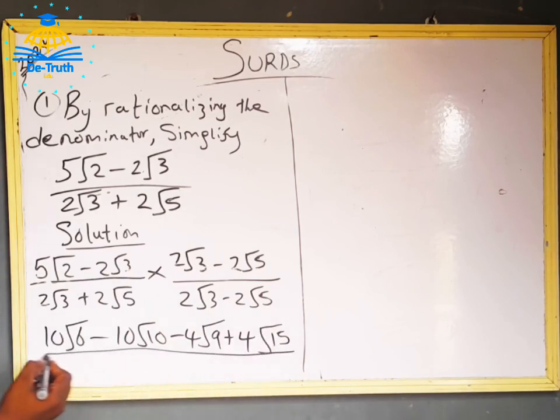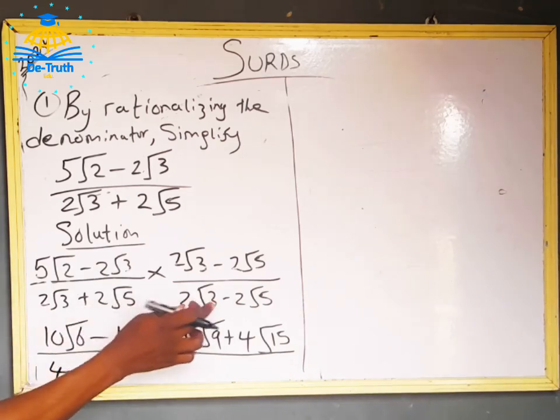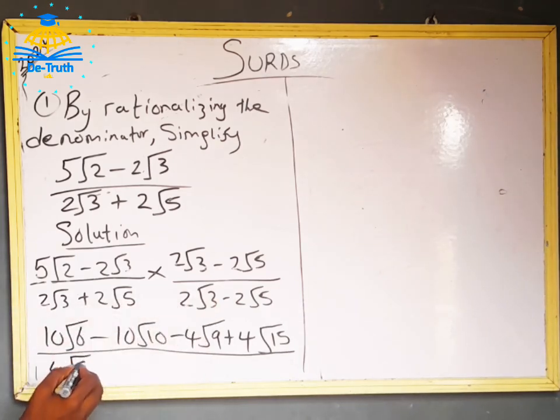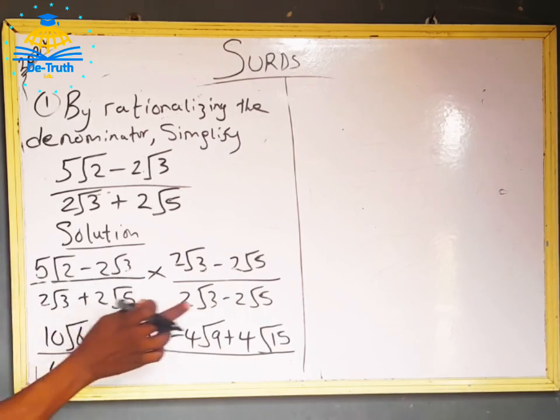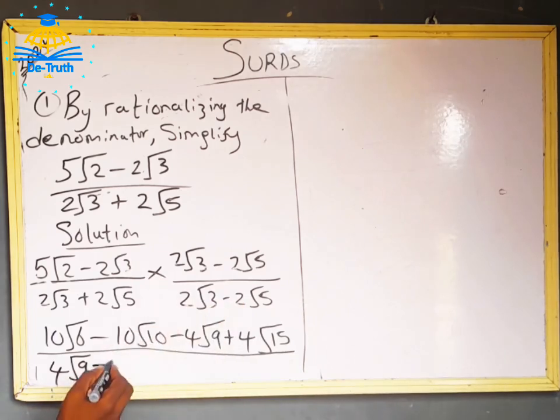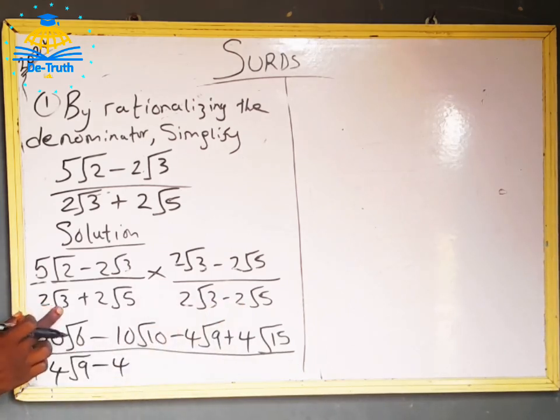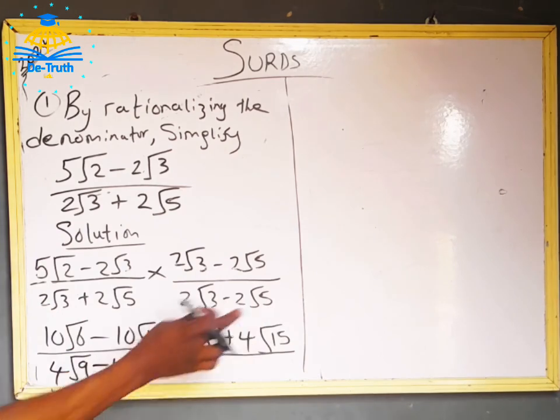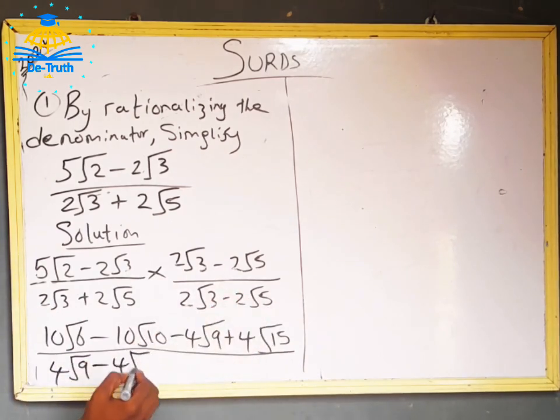All divided by 2 root 3 times 2 root 3, that's 2 times 2, 4, then root 3 times root 3, that is root 9. Then 2 root 3 times minus 2 root 5, 2 times minus 2 is minus 4, then root 3 times root 5, that is root 15.